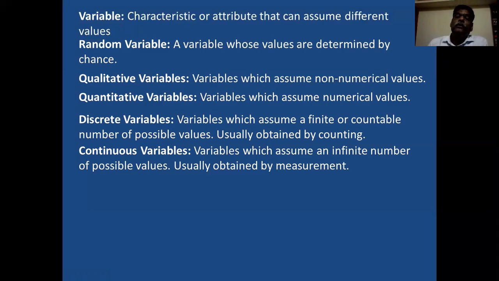And the variable which has a definite number, for example, the price of the product. The price of the product is 20 rupees, 30 rupees, 50 rupees. Income of the citizens: 10,000 is the income, 20,000, 30,000, 40,000. My income is 20,000.